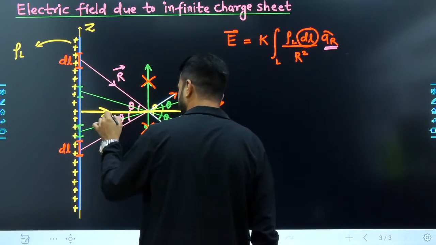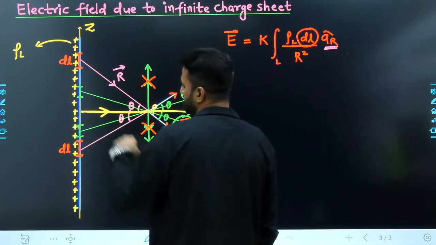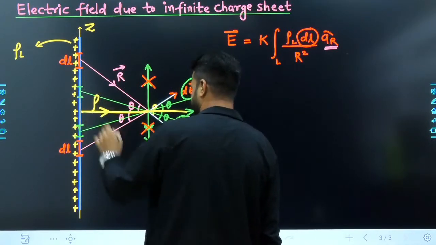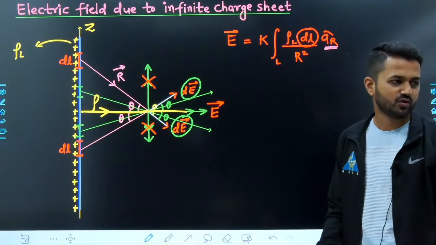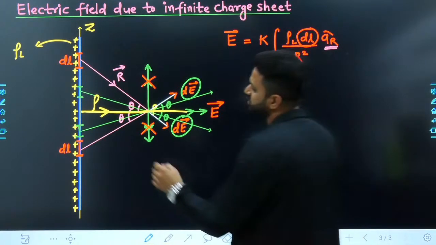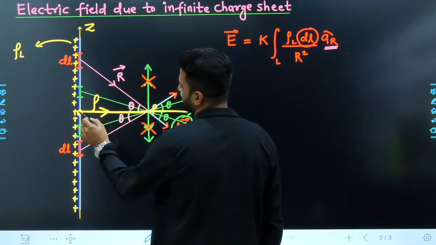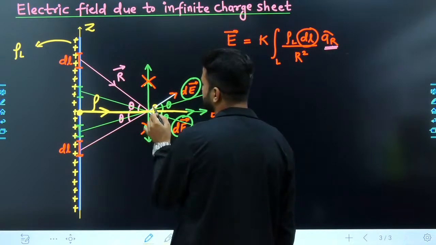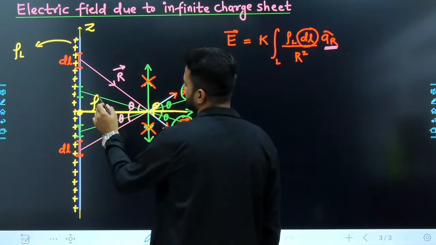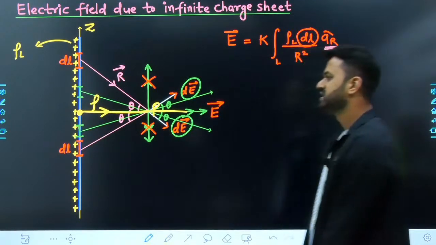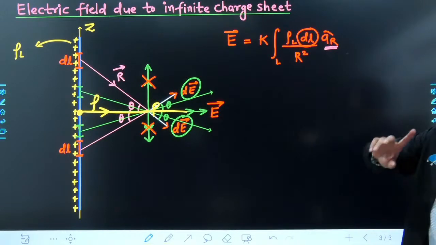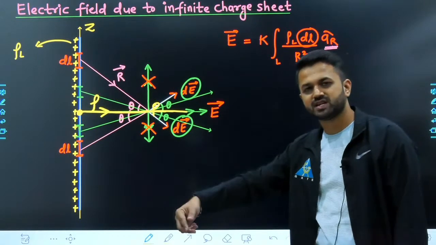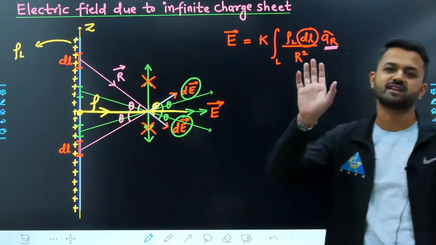When we draw the perpendicular line from the line charge to the point of interest P, say rho, I am representing it by rho, and it is the distance rho, in that direction where you draw the perpendicular line from the charge to the point of interest, the electric field will exist.